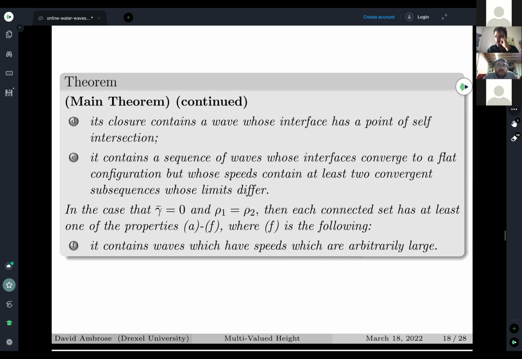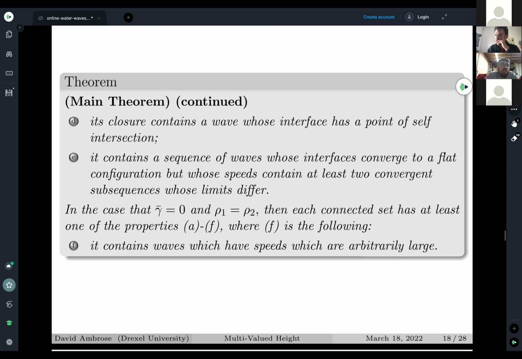You might have a sequence of waves whose interfaces converge to a flat configuration, but where the speeds contain at least two convergent subsequences whose limits differ. That's a complicated way of saying you leave the trivial state and come back to a different trivial state. So trivial states with two different speeds are connected; you get reconnection to trivial.